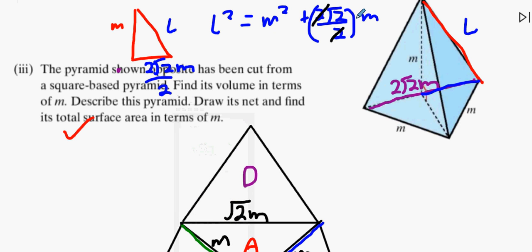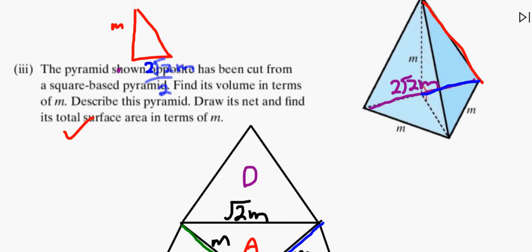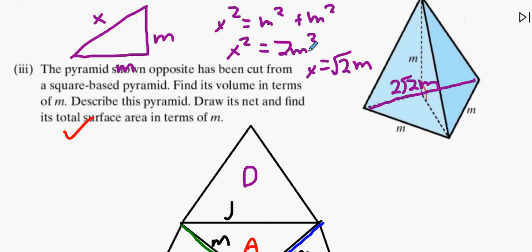I could be wrong, but not just root 2m in the first place? When you half it. I got the full diagonal. When you half the diagonal, it's root 2. Yeah, but was the triangle you're using not m on both sides of 5 opposite? Oh, sorry, yeah, my bad. Oh, x is root 2m.